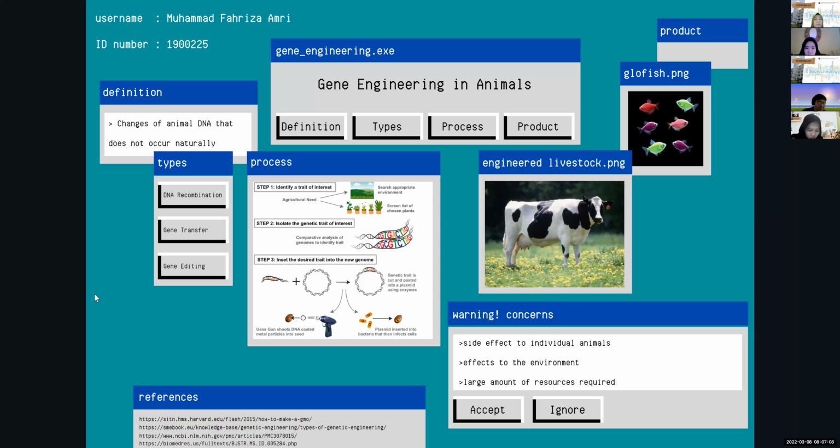Let's say you have 100 offspring that you want to genetically engineer. Most of the time, only less than 10 survive the process and become a full animal that is genetically engineered. So yes, it requires a lot of resources and it has a very big fail rate. So that's all from genetic engineering in animals.